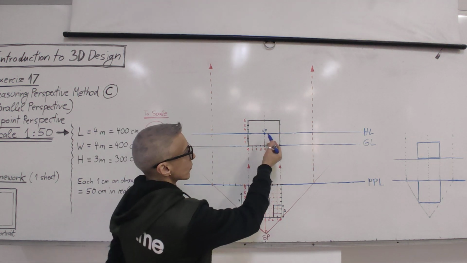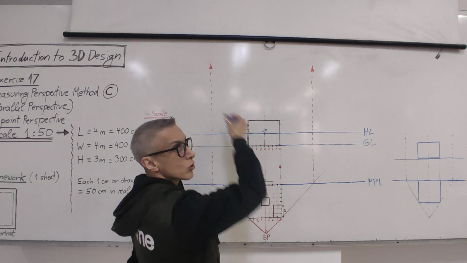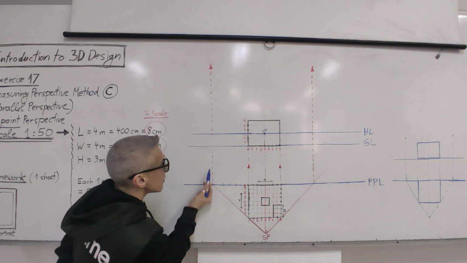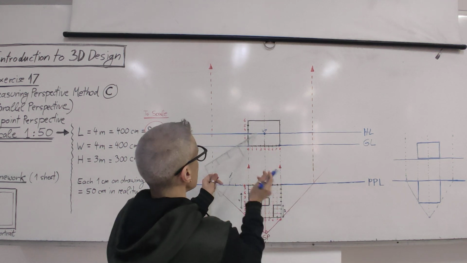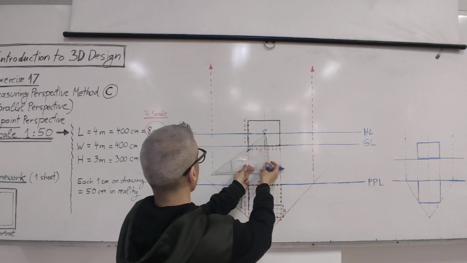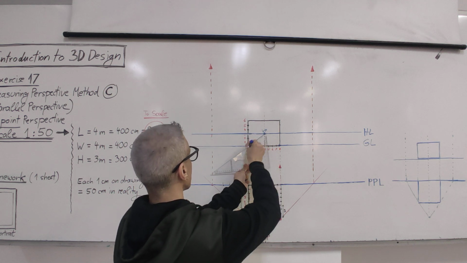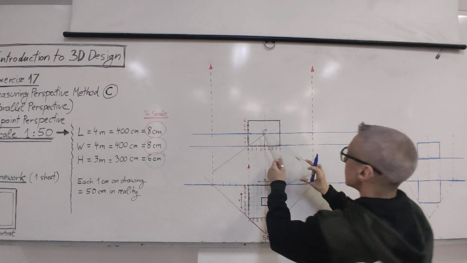Now, we need to do the following. From the vanishing point through each of these corners, we will draw straight lines until they intersect these two lines. So from each of these, from the vanishing point through the corner, and from here the same.